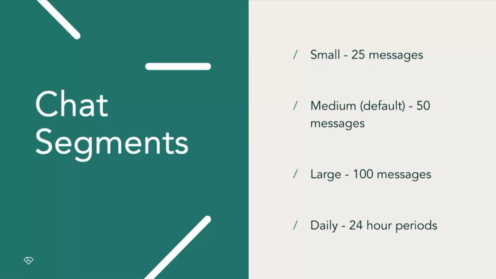Now when you're uploading native chat data, you can choose either the small, medium, or large chunks, and this will give 25, 50, or 100 messages within one document in the chats. You can also, of course, choose the 24-hour periods. So if you'd like this to be split up daily instead, that is an option as well.